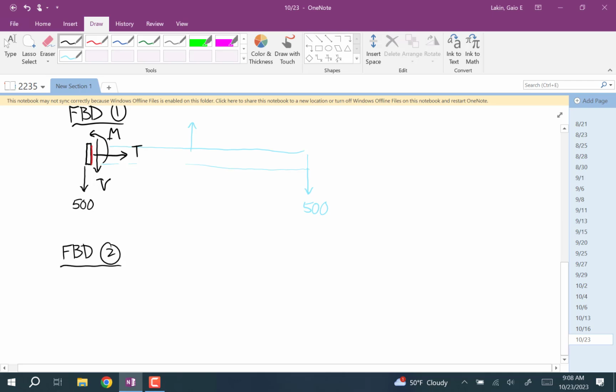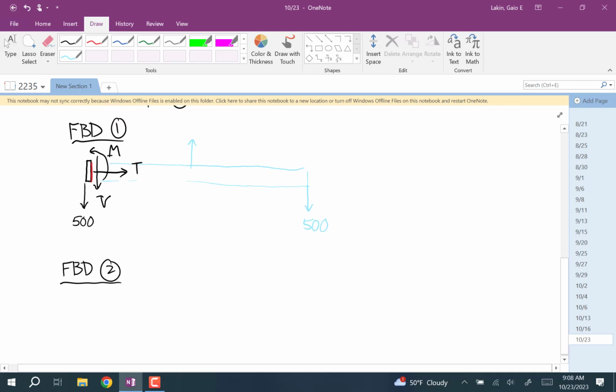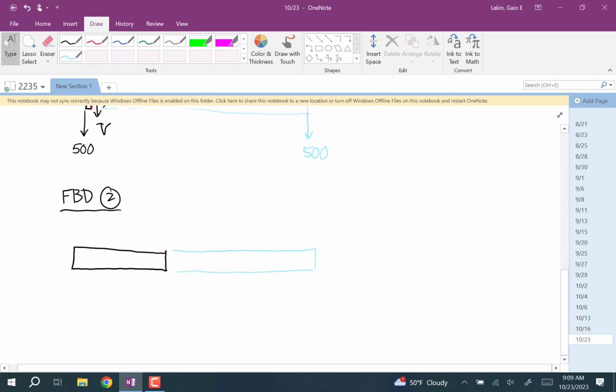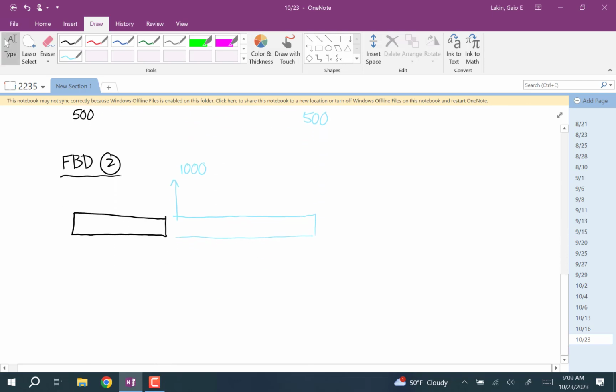So now say we want to calculate the internal loads at that point 2. And that looks like this. We still haven't gotten to the 1,000 yet, and we're still not at this 500.